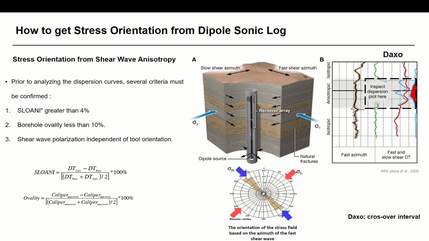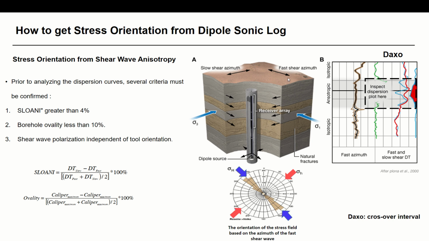So here is how it works. This dipole sonic tool will generate shear waves in perpendicular directions, this black arrow. When these waves arrive at the formation, through this anisotropic formation, caused by differential stresses, they split into two components: the fast and slow shear.